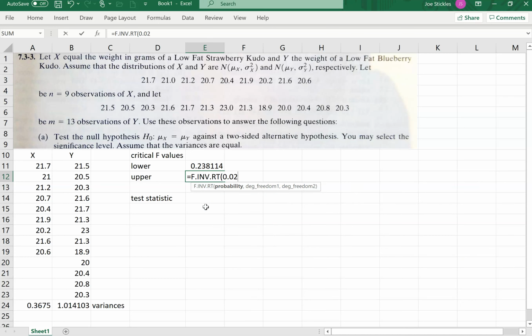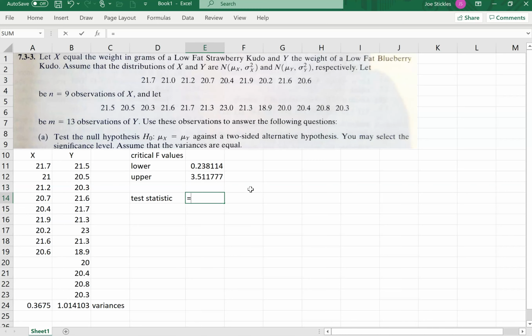Again, having split the 0.05 in half, we'll have 0.025 in the upper tail. That's why I'm using the right-tailed one, so I don't have to try to do any subtraction. I can just put in the amount that I want. Again, numerator degrees of freedom is 8 and denominator degrees of freedom is 12. So those are our lower and upper critical values for this two-tailed test.